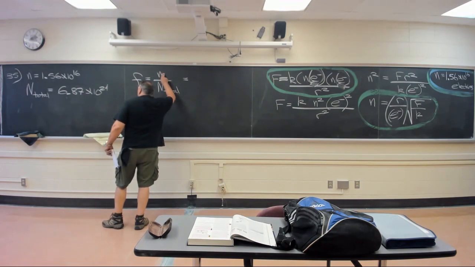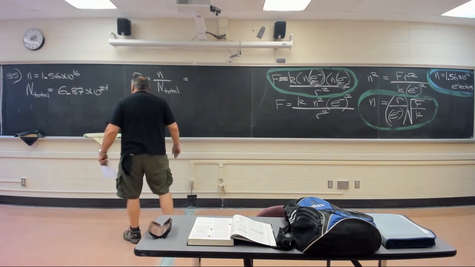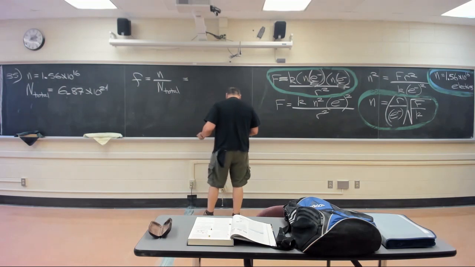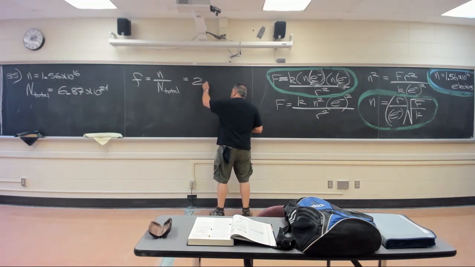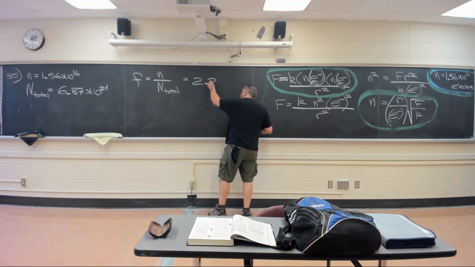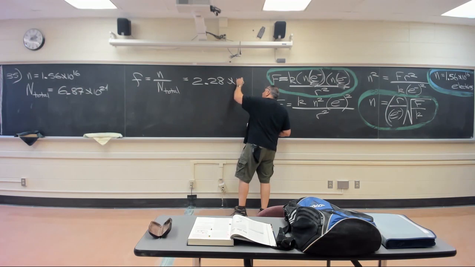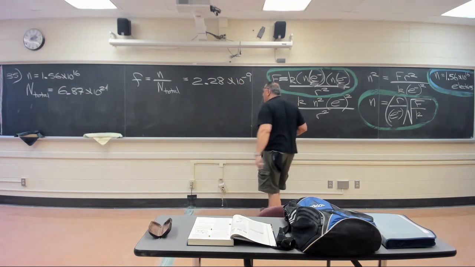Plug in, for small n, 1.56 times 10 to the 16th. For big N, plug in 6.87 times 10 to the 24th. And you don't have to lose a whole lot. Fraction, 2.28 times 10 to the negative 9.